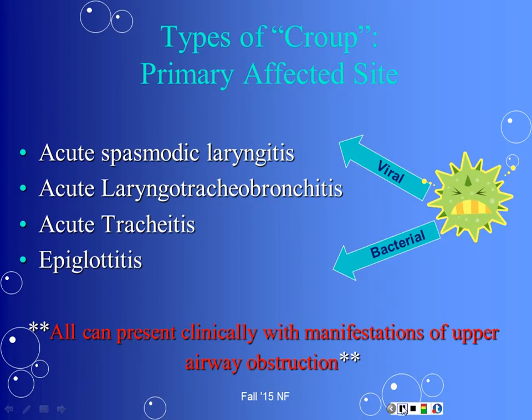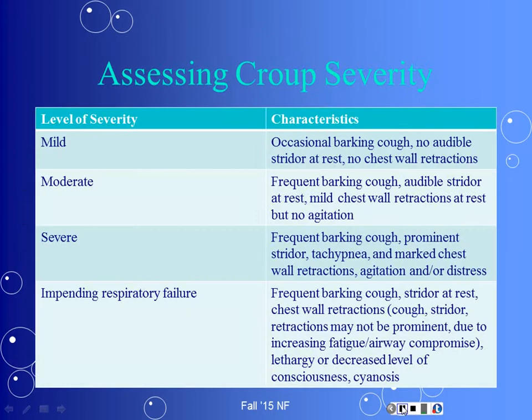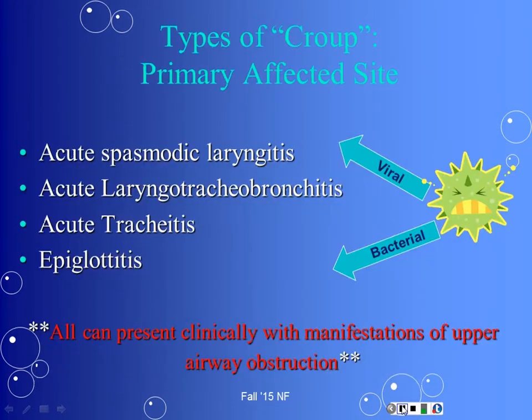Bacterial, you have acute tracheitis in the trachea, or epiglottitis, which is your epiglottis. The reason they call these croup syndromes is all can present clinically with manifestations of some type of upper airway obstruction, so sometimes it's hard to tell what the cause is. The acute spasmodic laryngitis and the acute LTB are viral.